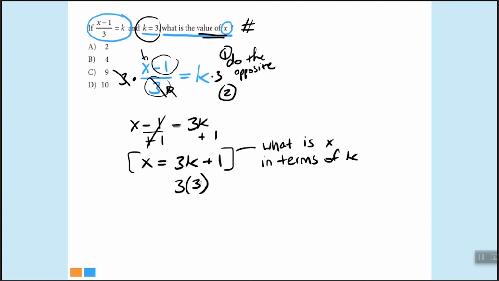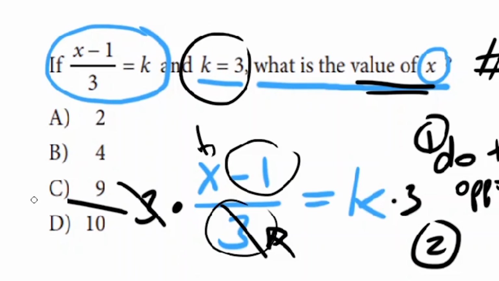Here, when you have a number and a parentheses next to each other, they are going to multiply. So it's going to be 3 times 3, which is 9, plus 1. 9 plus 1 equals 10. And that's our answer. So the answer is D.